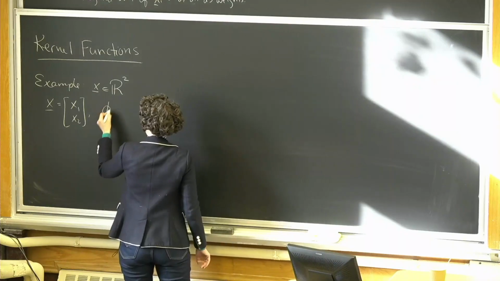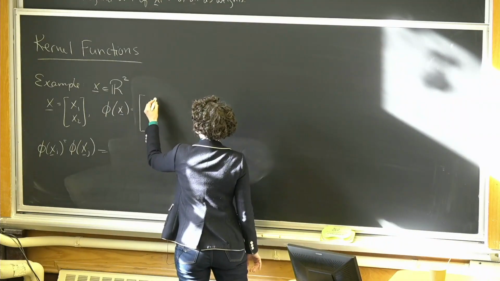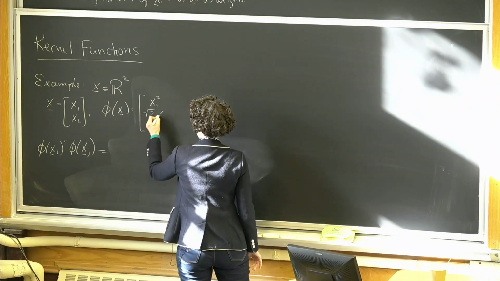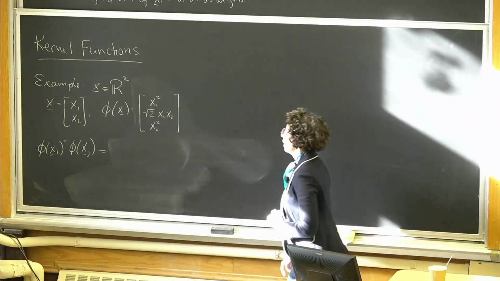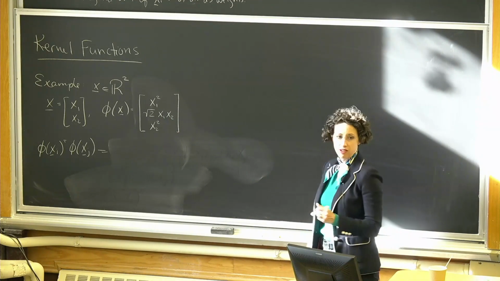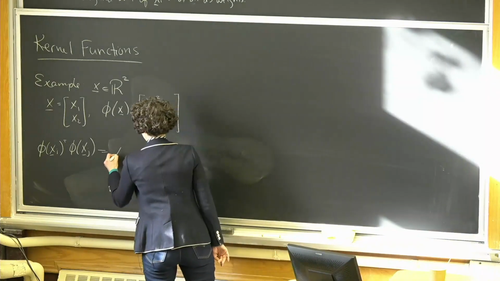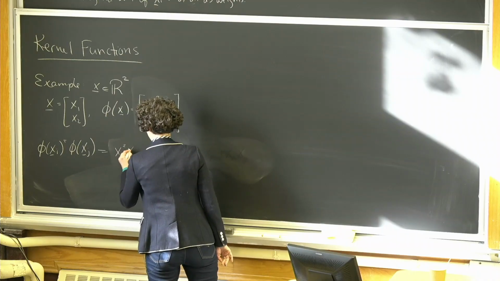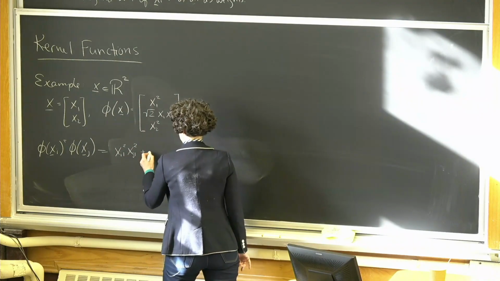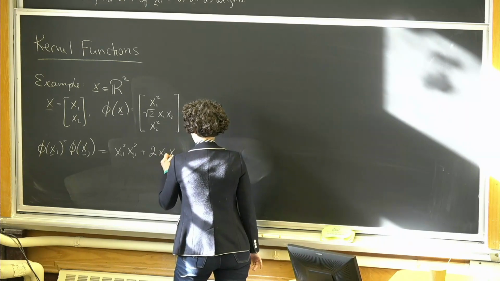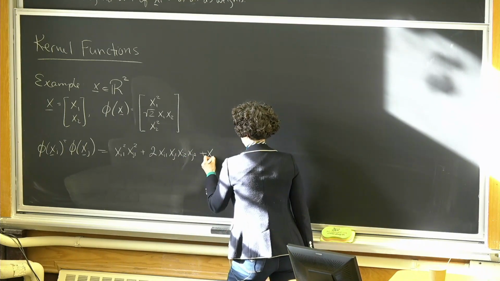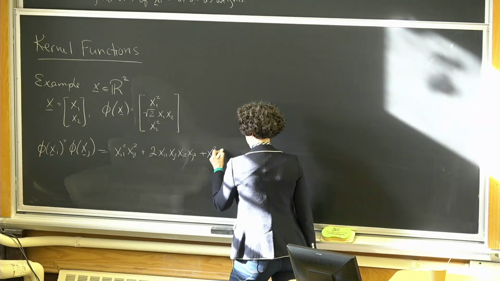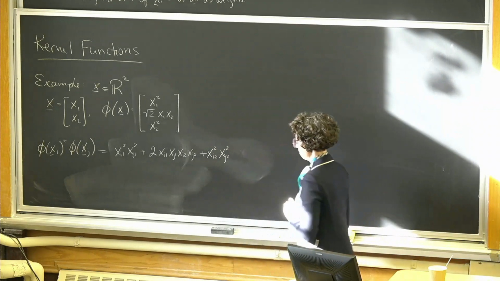Then I'm going to think about a setting where phi of x is x1 squared, square root 2 x1 x2, x2 squared. Now if I look at the inner product of phi of xi and phi of xj, I will get xi1 squared xj1 squared, plus 2 xi1 xj1 xi2 xj2, plus xi2 squared xj2 squared.